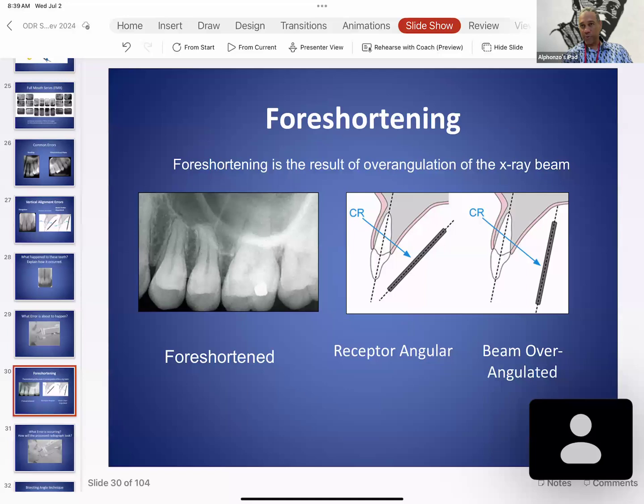So foreshortening is the result of overangulation of the X-ray beam. Again, foreshortening is the result of overangulation of the X-ray beam. And you can apply those imaging principles and how the central ray goes through the tooth, and that kind of gives you an idea on why it tends to look short, because we have the beam overangulated.